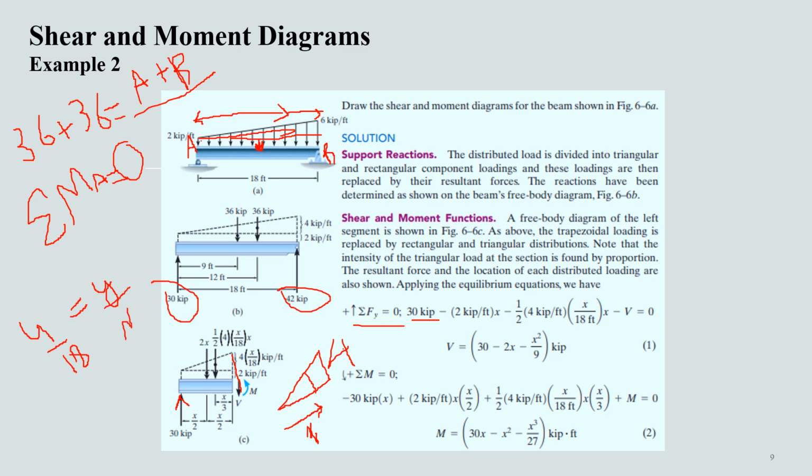So this unknown y will become y is equal to 2 over 9 by x.